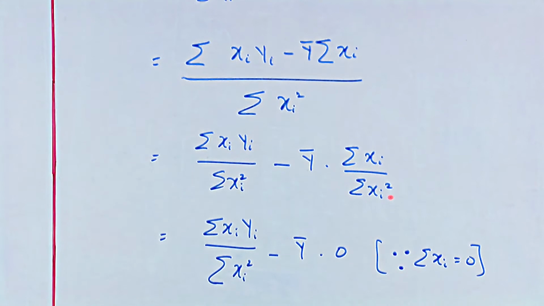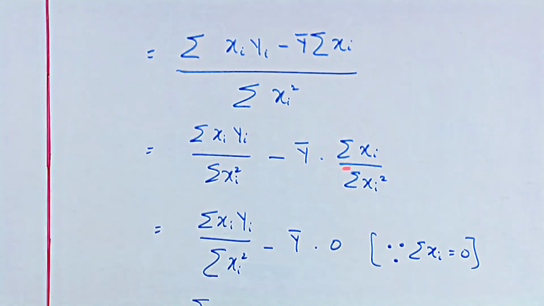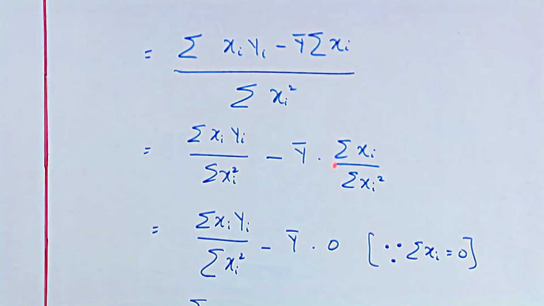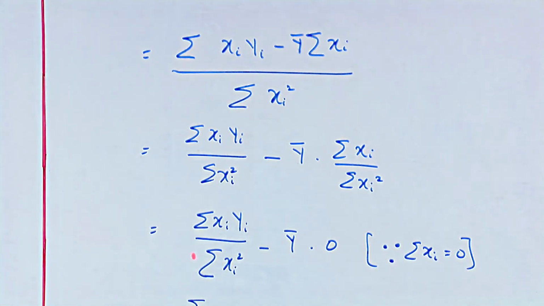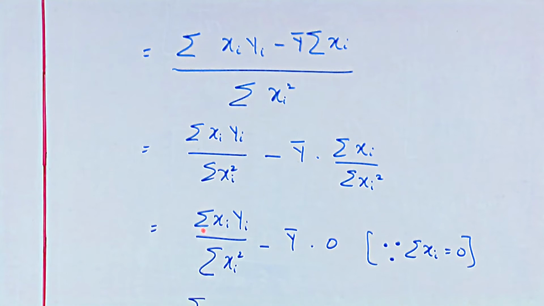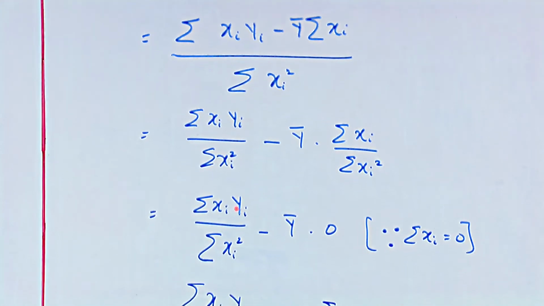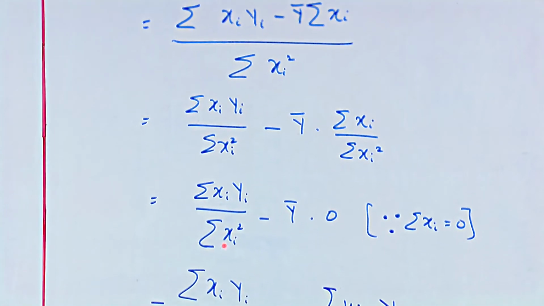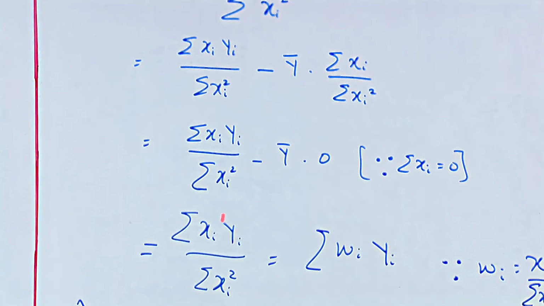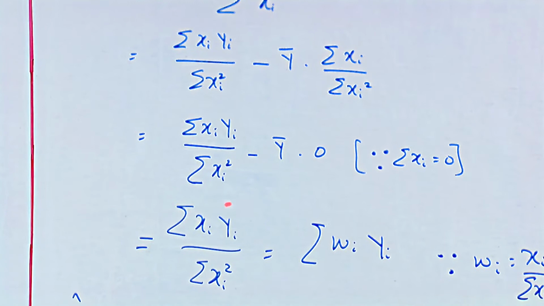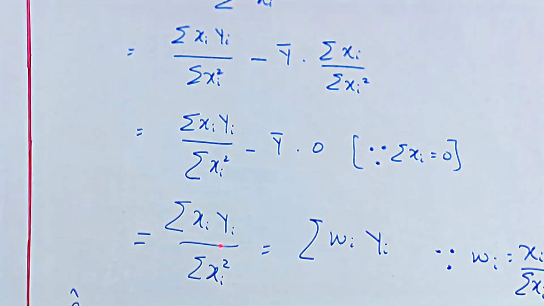We already know that this is a deviation value, and we are summing it, and so we get 0. So substituting this value, we get the expression sigma small xi capital yi divided by sigma small xi square. So this term will go, and this will remain, and this is the value of beta hat.